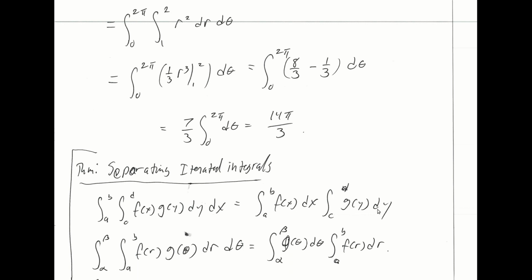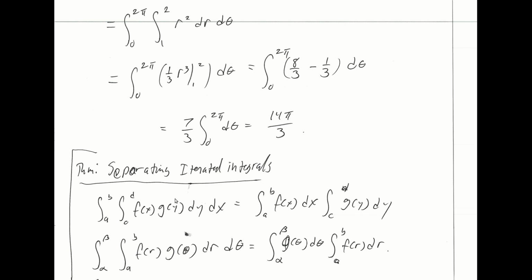What we're doing here really is I can take this inner integral, the inner integral is with respect to y, my function of f there is a constant. I can pull that function of f across that integral just like I pull constants across integrals. I did it here with the 7/3. And then I've got my integral from c to d of g of y dy.